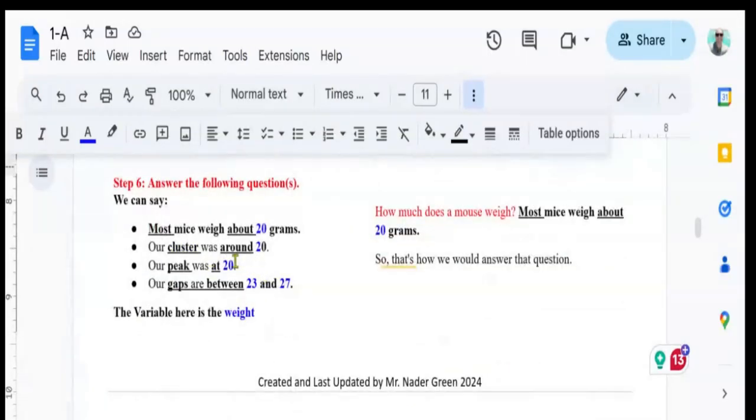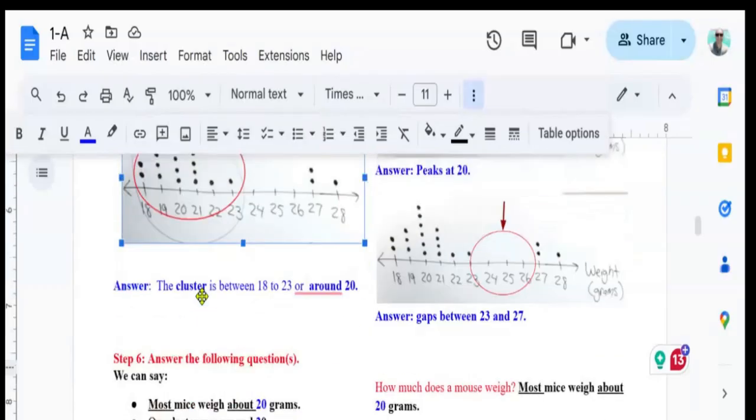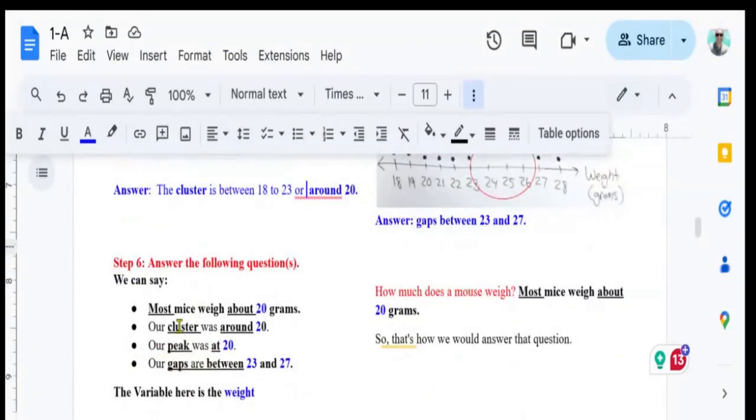So answer the first question. Most mice weigh about how many grams? 20. How did I know it's 20? The peak. We have 1 mouse, 2, 3, 4, 5, 6 mice, they are 20 grams. That's their weight.